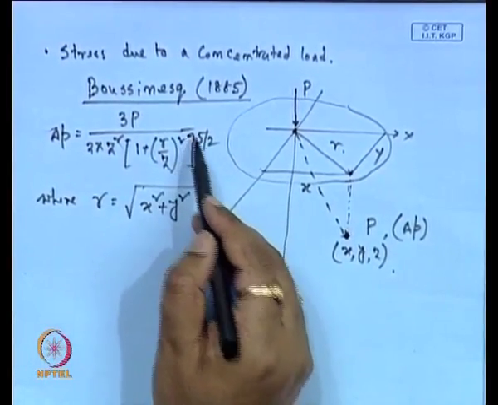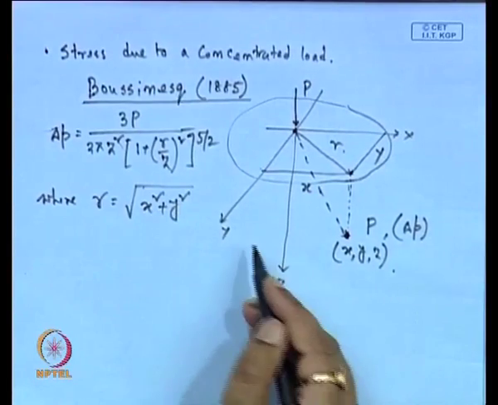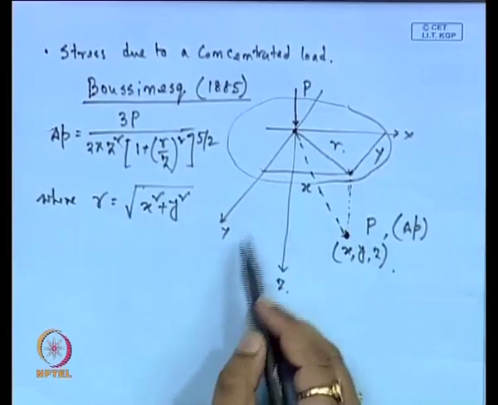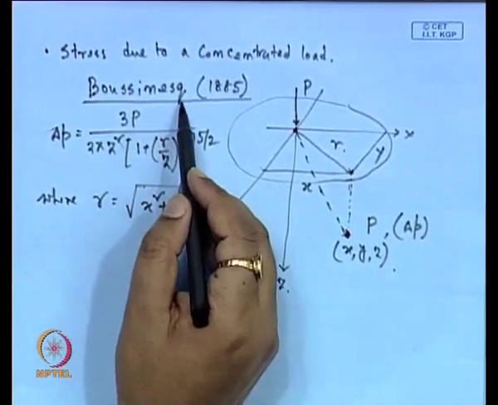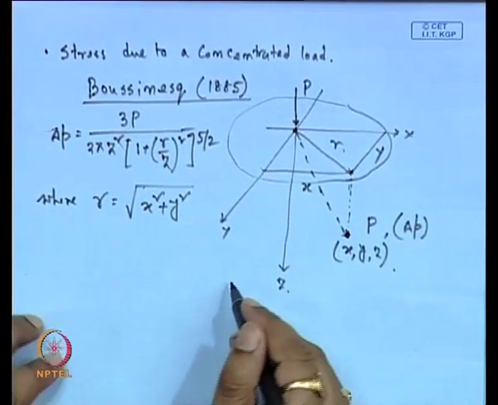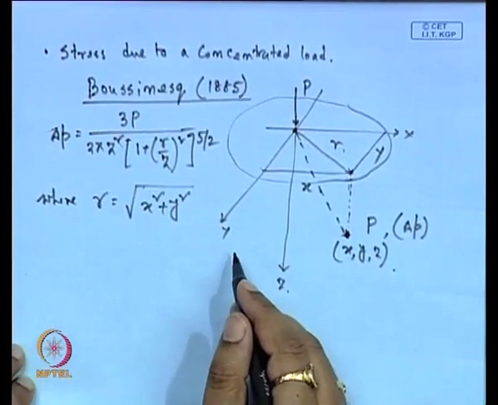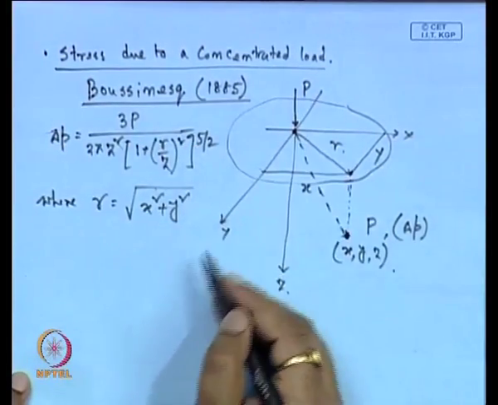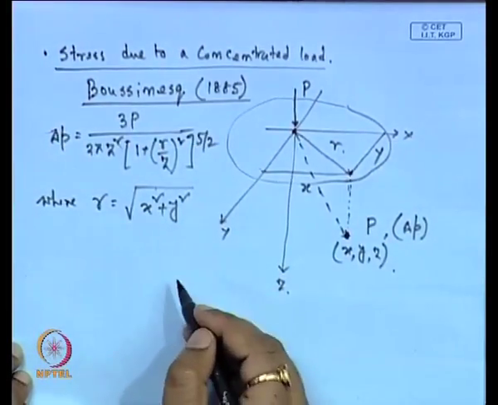For a circular, strip, rectangular or square footing, using the technique proposed by Boussinesq we can determine the stress at any point below the loaded region. You can use that technique to calculate this stress.